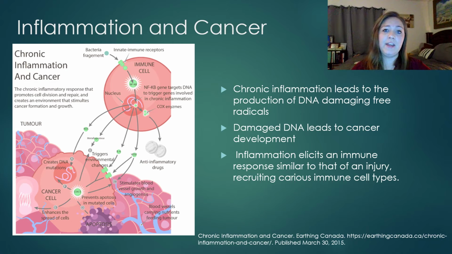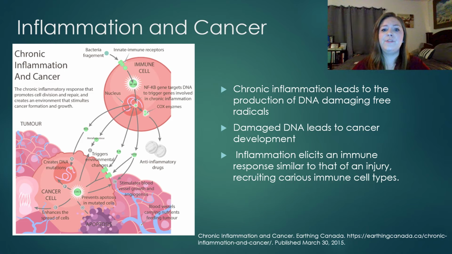So, chronic inflammation leads to the production of DNA damaging free radicals, as mentioned before, those reactive oxygen species and potentially reactive nitrogen species in the tumor microenvironment. The inflammation elicits an immune response similar to what you would see in an injury.